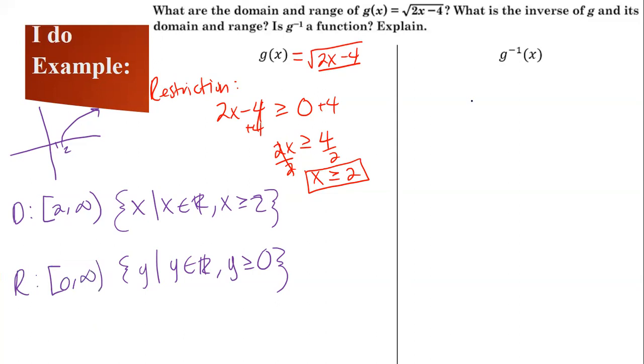What do I do first? So to find the inverse, I have to switch my variables around. There's an R in inverse, isn't there? Yeah, it's there. So I'm working with now x equals the square root of 2y minus 4.